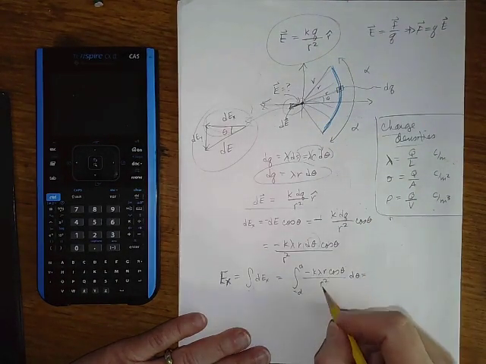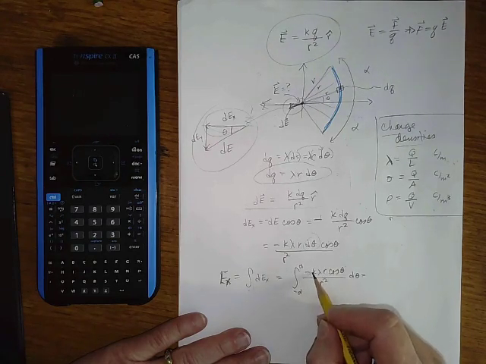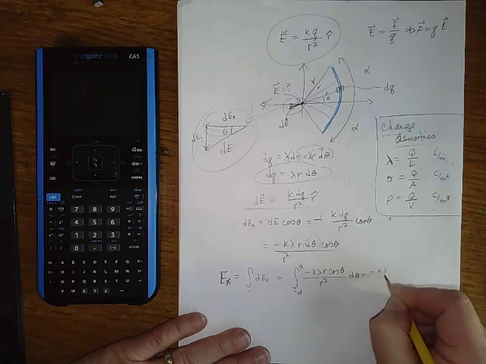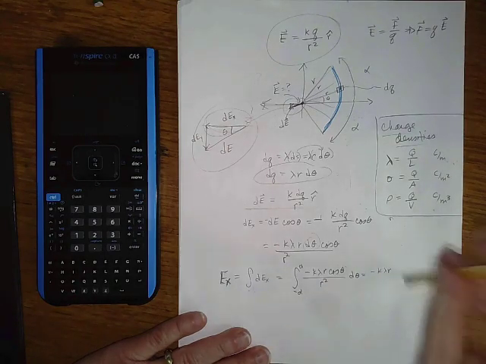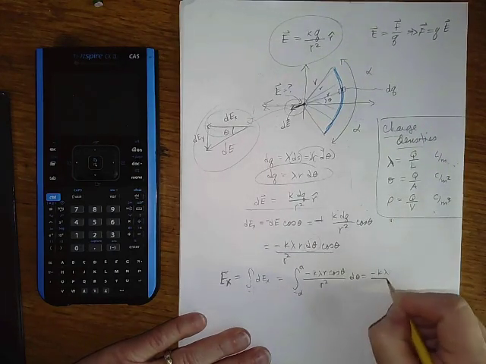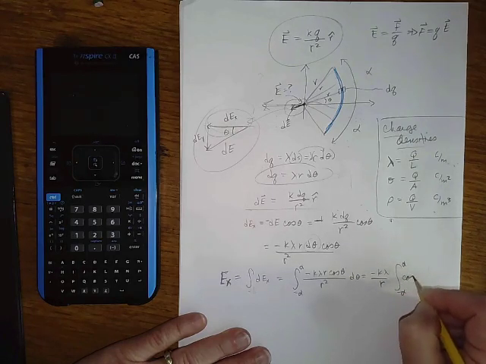So r is a constant, so that can be pulled out, thankfully. k is also obviously a constant, and the density is a constant, and so we've got negative k lambda r, well, we can cancel out some of our r's. Negative k lambda over r, integral from negative alpha to alpha of cosine theta d theta.